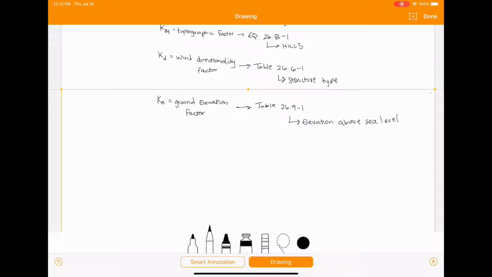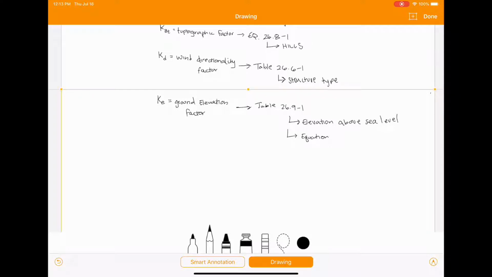So if you're building on the coast, then obviously your elevation is going to be 0, but if you're building in the mountains, then it's going to be a lot higher, and then you can just pull your Ke value off of that table. One thing to quickly note about that table is that if you look at the footnotes, it also gives you an equation that you can use, so you don't just have to pull it off the table.